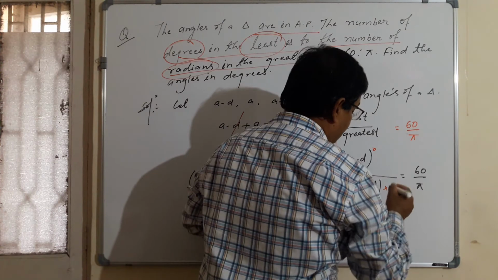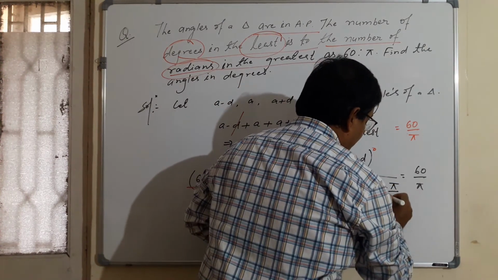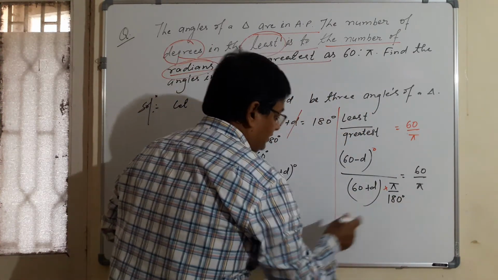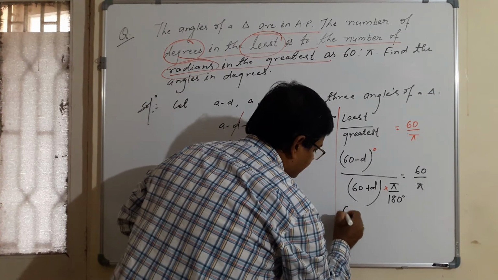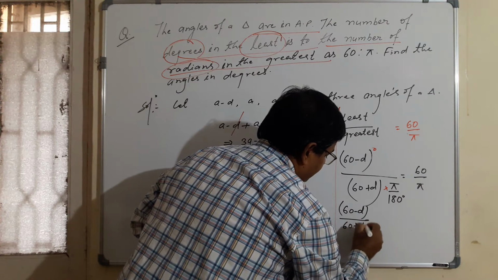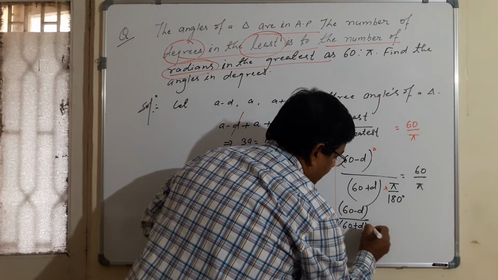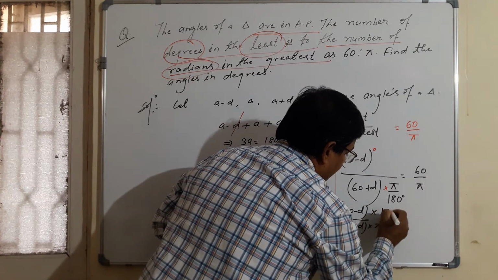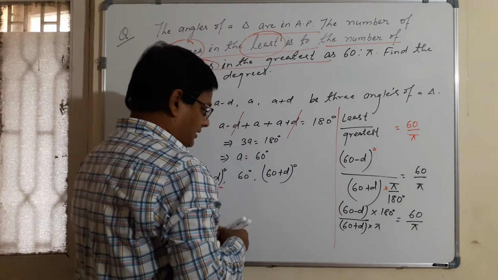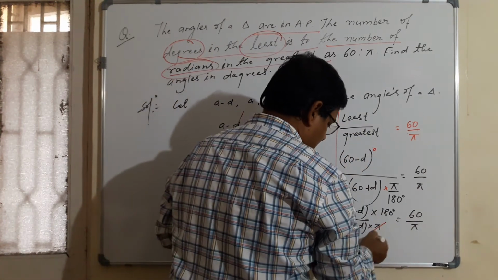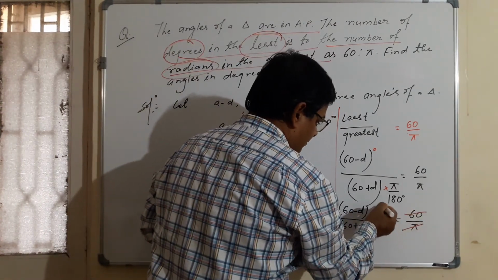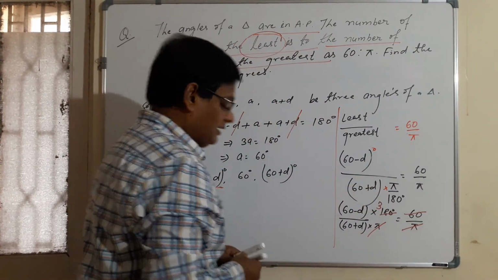If you want to convert into radian form, you have to multiply by pi over 180 degree. So 60 minus D divided by 60 plus D, into pi over 180 degree, is equal to 60 by pi. So here pi and pi cancel. 60 times 3 is 180.